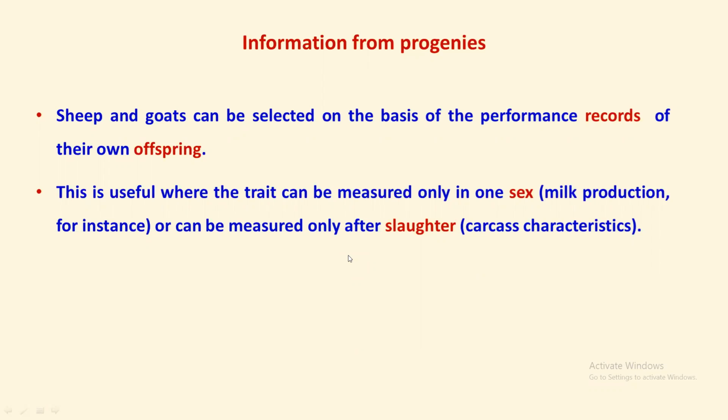Progeny is the most accurate way, because the individual you are selecting is directly transmitting its genes to the progeny. So if you have the progeny information of the buck or doe, and you select that buck or doe based on it, then it will give you more accuracy.